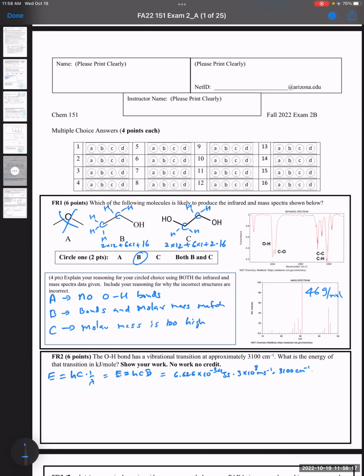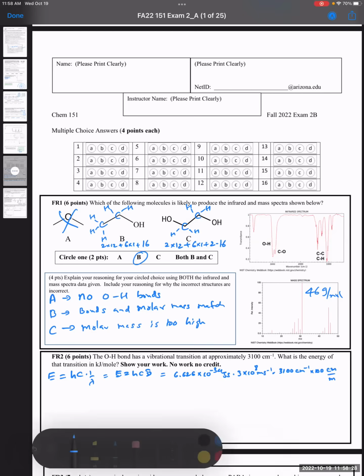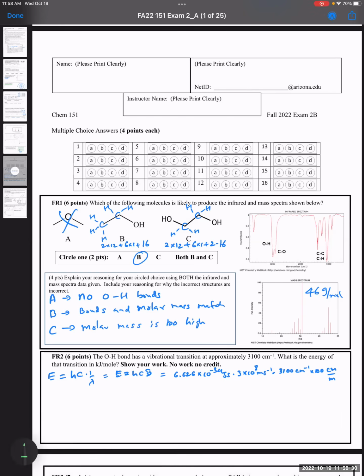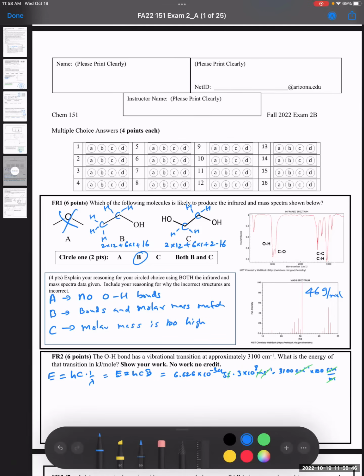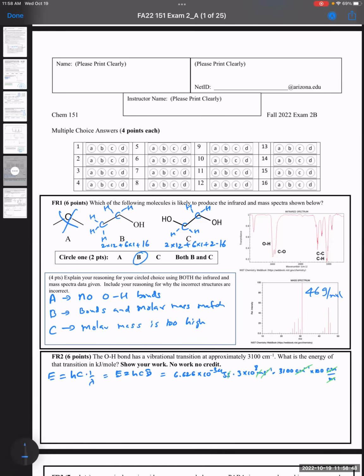So I'm going to write the conversion factor here. We have 100 centimeters in a meter. If you look at the units, centimeters cancel out with per centimeters, meters cancel out with meters, seconds cancel out with seconds, and you're going to get the answer in joules. This is going to be the energy per photon.